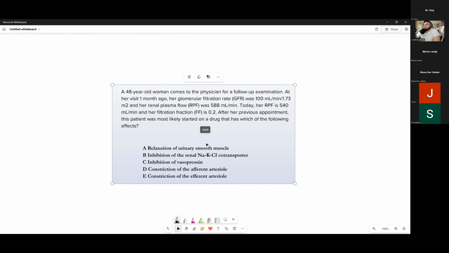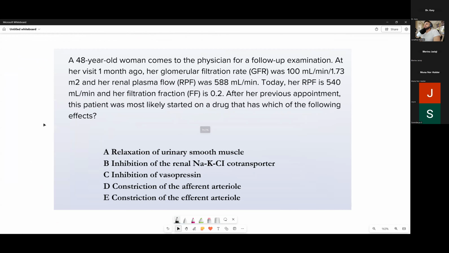Let's look at this question right here. Okay, let's do it. After her previous appointment, this patient was most likely started on a drug that has which of the following effects? A 48-year-old woman comes to the physician for a follow-up examination.